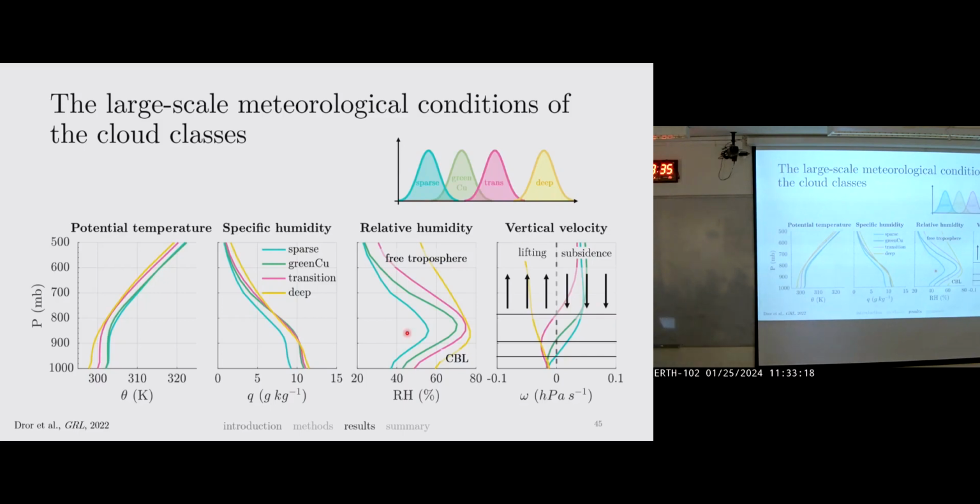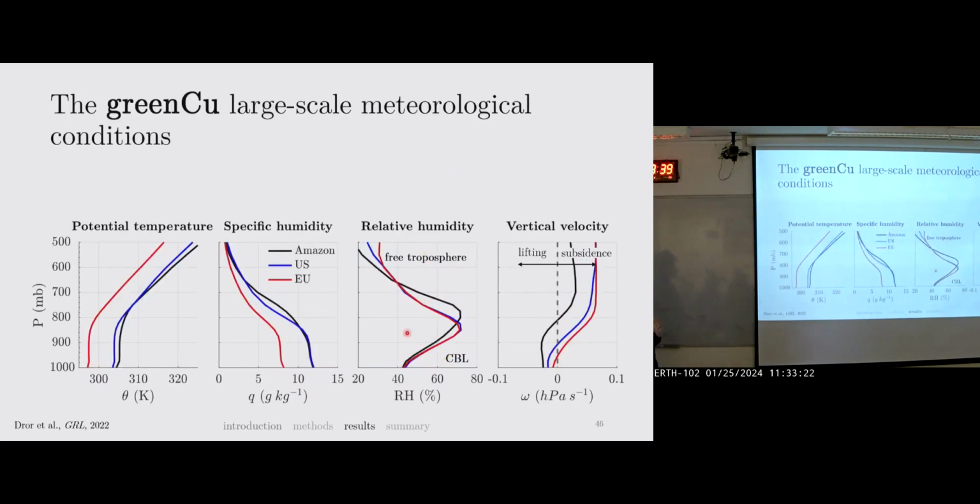If we unpack this green curve of the GreenQ to the different GreenQ in the different locations, here in the different colors, we see that in terms of relative humidity, we have really a convergence of their profiles.